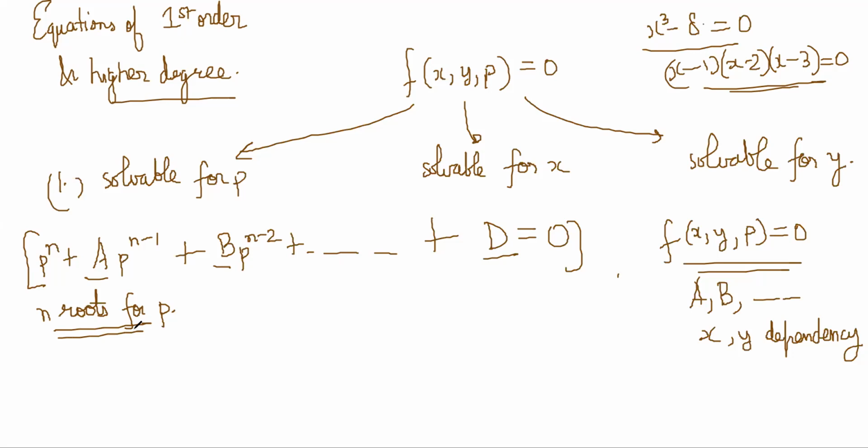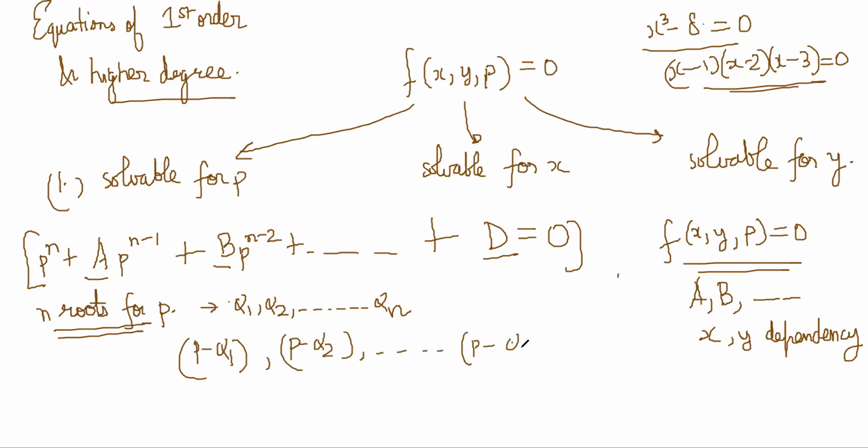So n different roots, that means there are n different roots called alpha 1, suppose alpha 2, and so on, alpha n, right? Then that means that each of p minus alpha 1, p minus alpha 2, up to p minus alpha n could be factors of the overall expression, right?